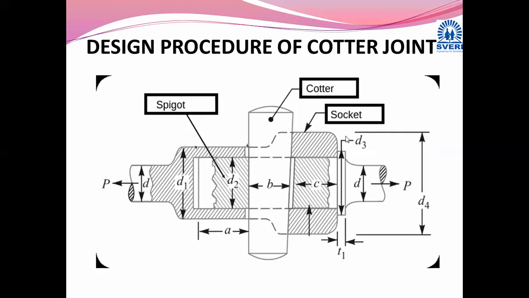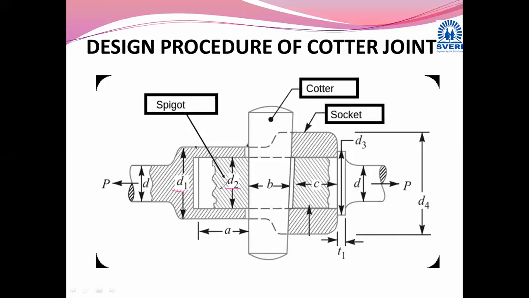See, so when we are going to design this socket, inner diameter of socket is D2, outer diameter of socket is D1, which we have to calculate or decide.